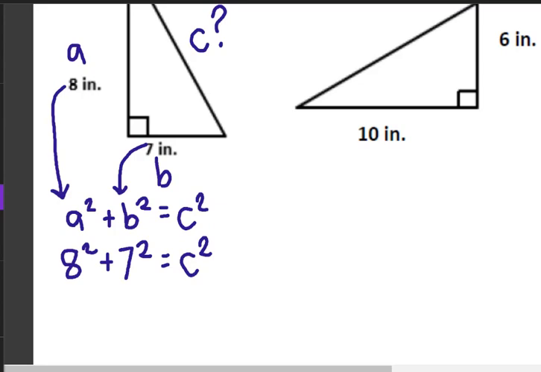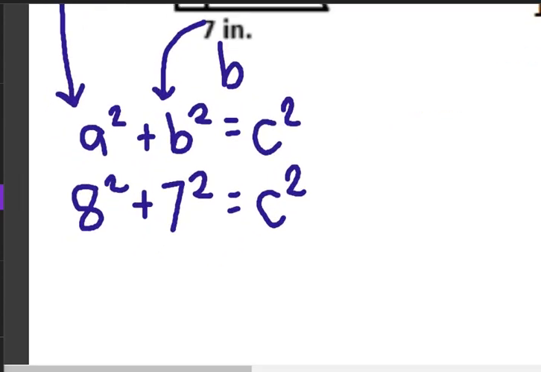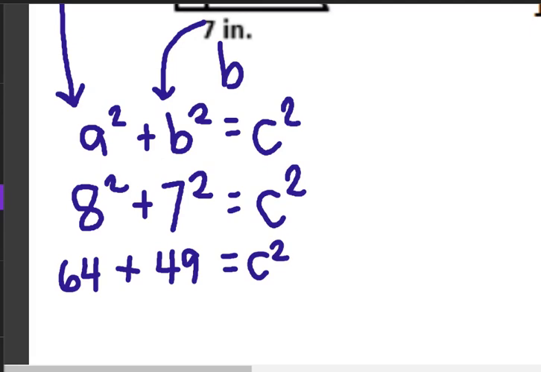So if you type an 8 and then you type that squared button, it will square it for you, giving you that 8 squared is 64. Okay, then we're going to repeat the process with our 7. So 7 squared is 49, and that still equals c squared.